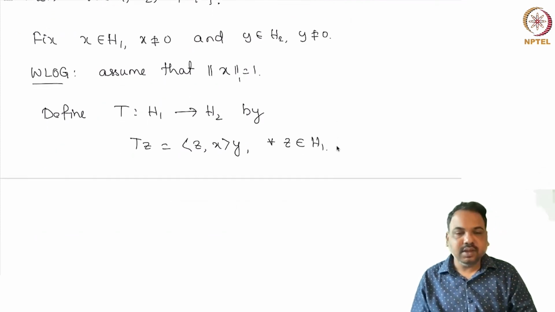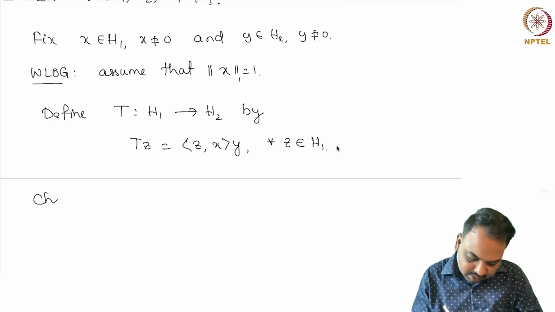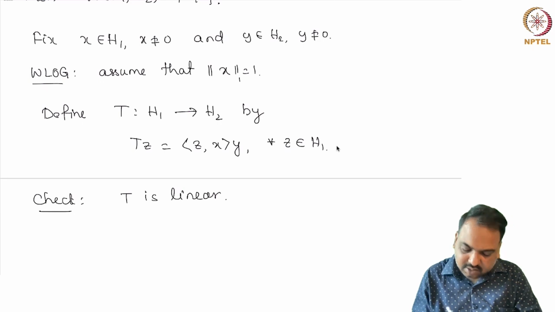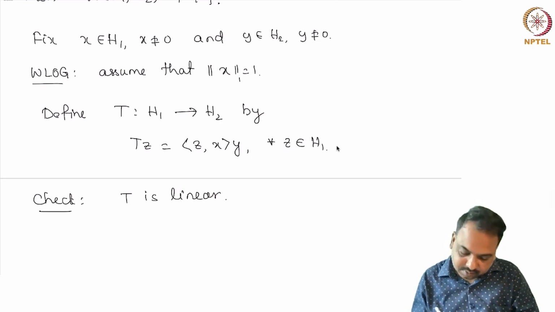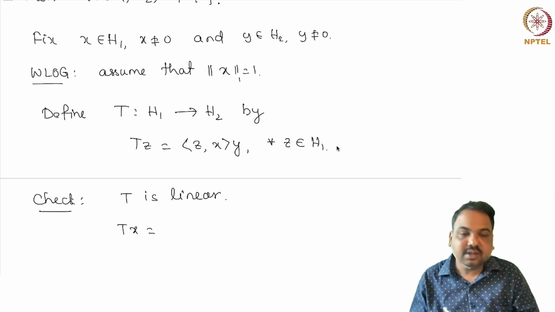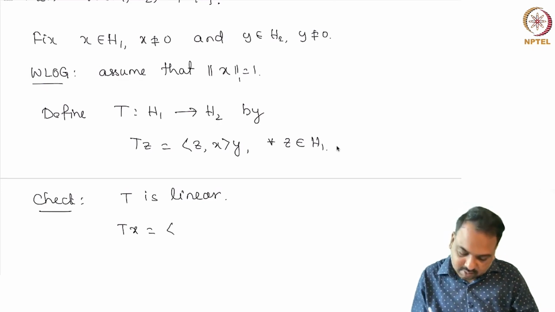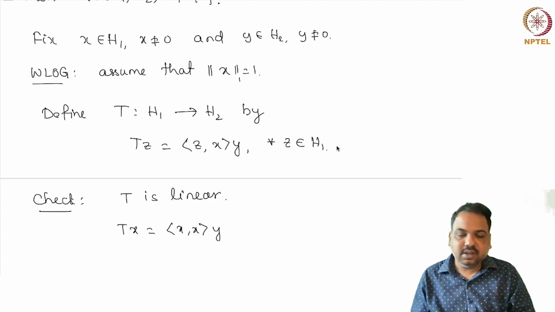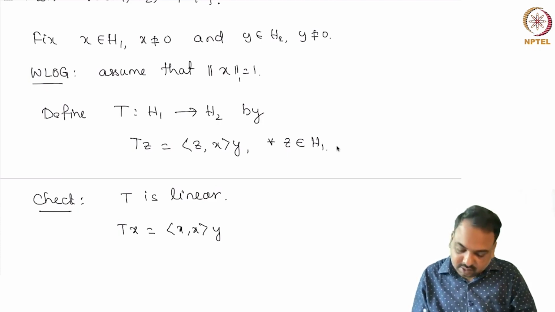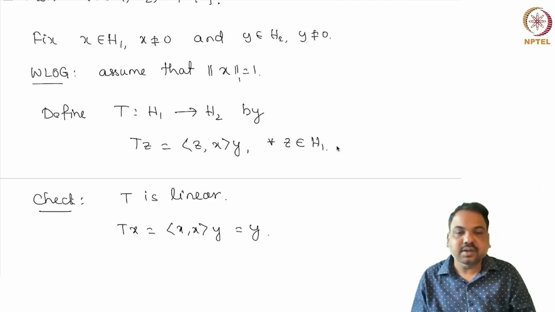Now we can easily show that T is linear. Also T(x) is the inner product of x with x multiplied by y, which is norm x squared times y. You know that norm x squared is 1, so this is y.